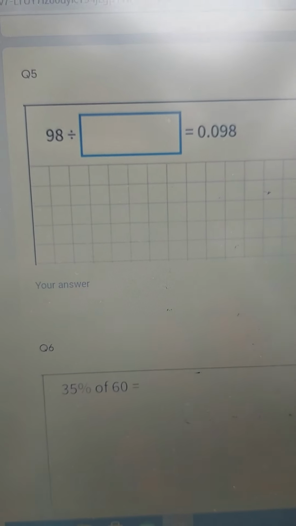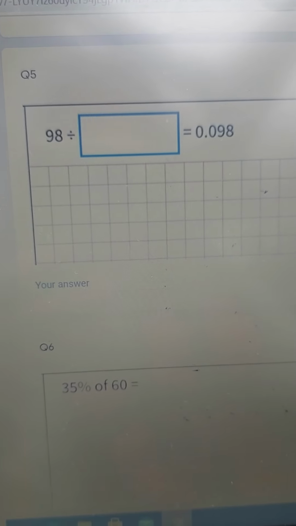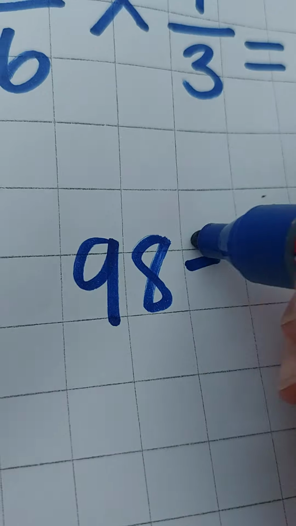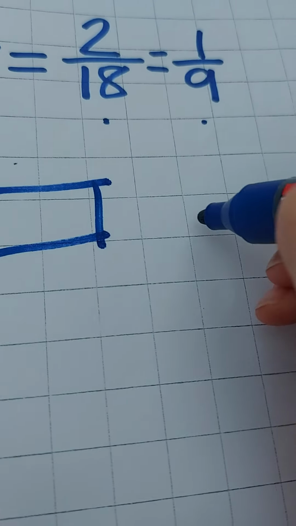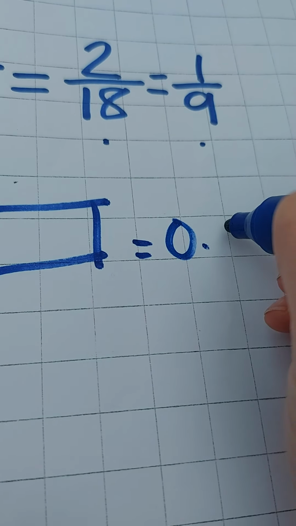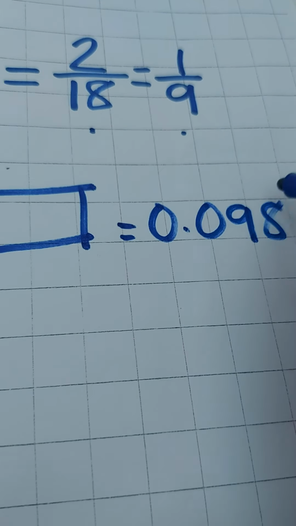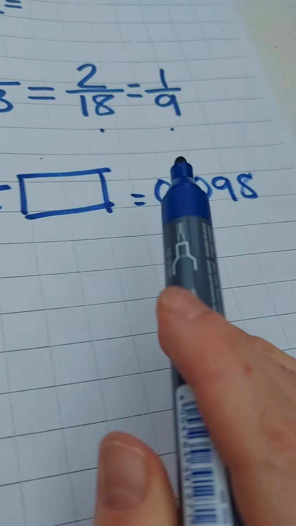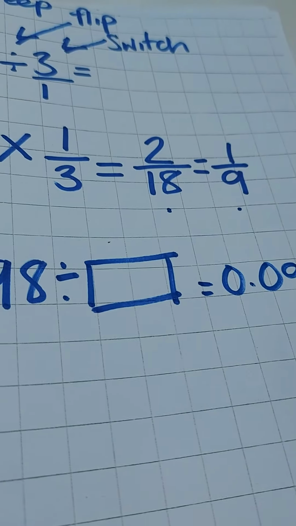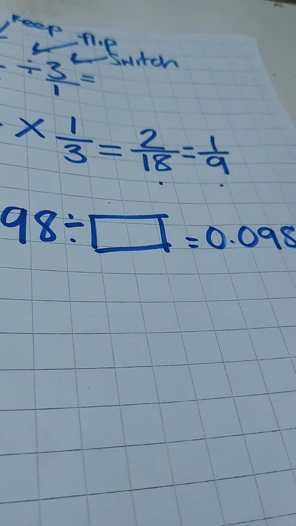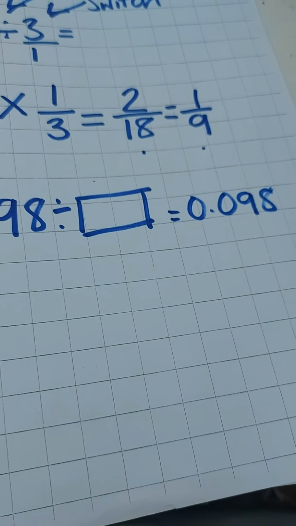98 divided by something equals 0.098. Now I think I'll do that one because it's a mystery number. 98 divided by blank equals 0.098. Now I can see that 98 is still there. So it means I'm dividing by 10 or 100 or 1,000, a nice round number like that.